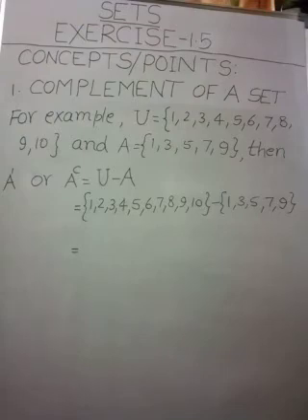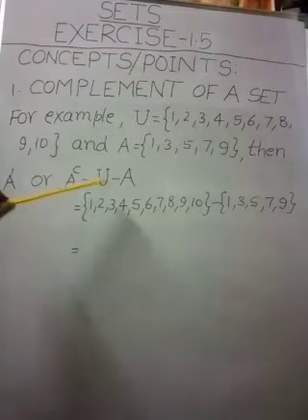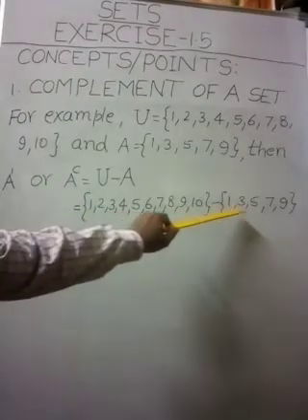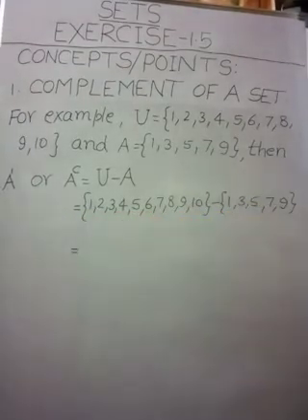You have already learnt about the difference of two sets. We use that knowledge here. First we write here universal set minus set A. After writing the sets, in finding the difference of two sets, we have to strike out, we have to cancel the common elements.